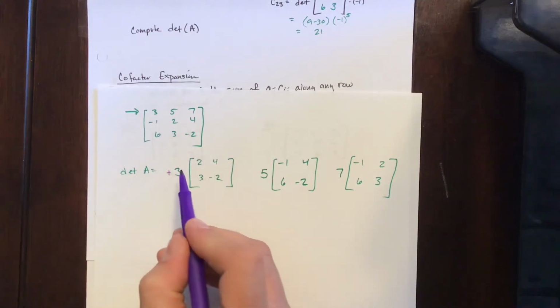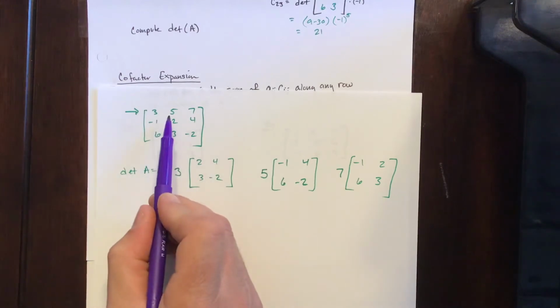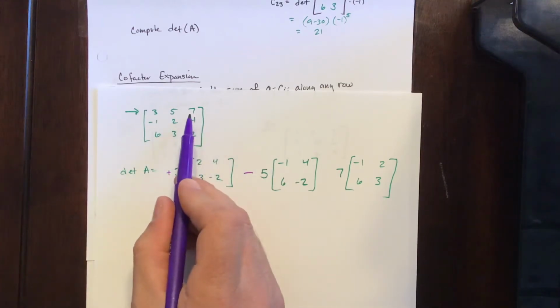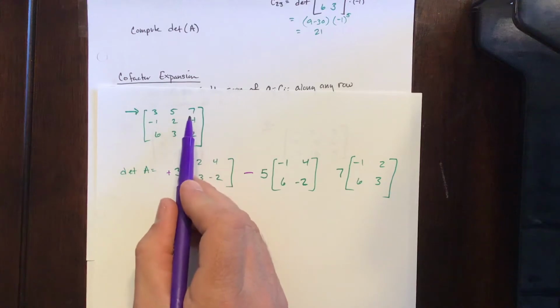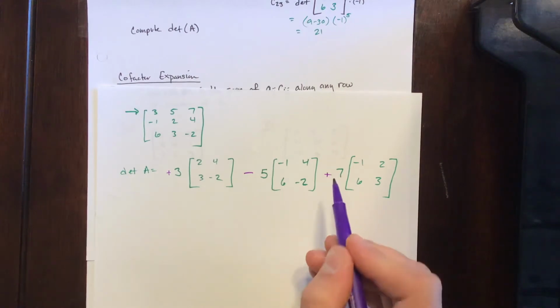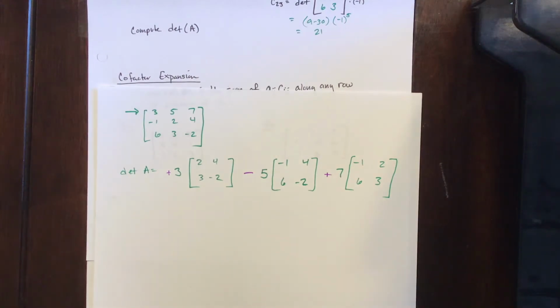That's positive. This is row 1, column 2, negative 1 to the 1 plus 2 power. That's negative. This is row 1, column 3, negative 1 to the 1 plus 3 power, that's negative 1 to the 4th. That's positive. So those are the coefficients on 3, 5, and 7.